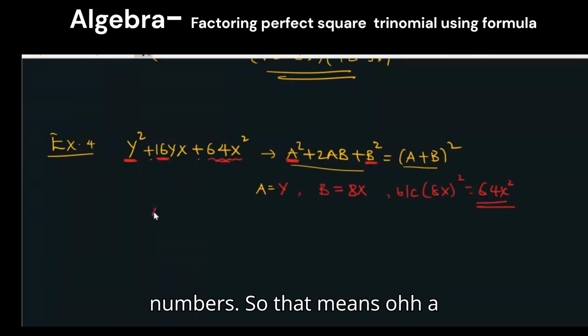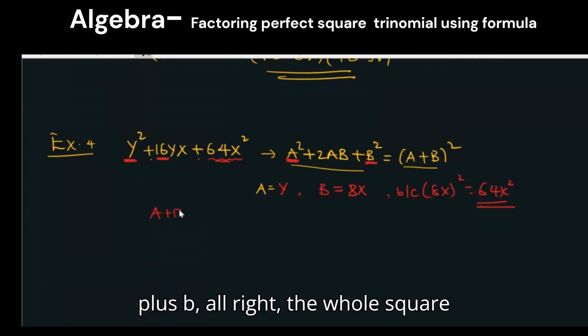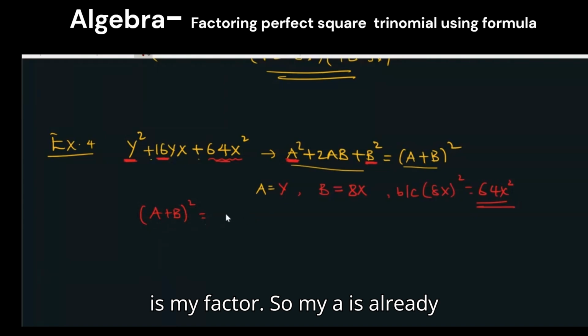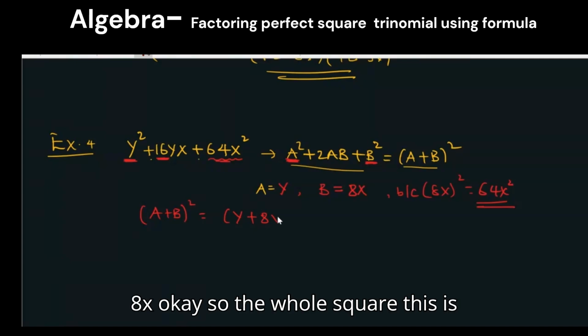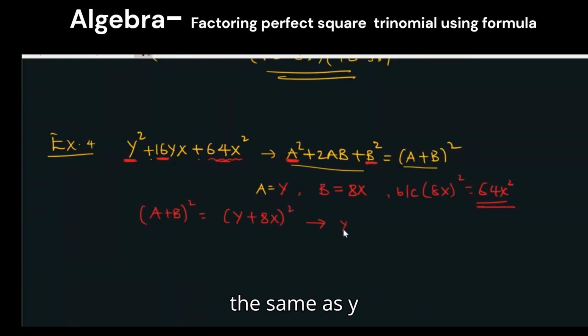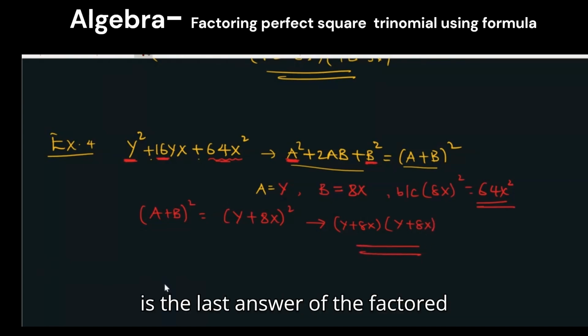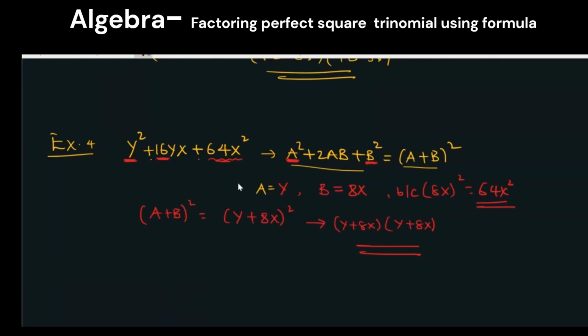So (a plus b) the whole square: my a is y, plus my b is 8x. So this is the same as (y plus 8x) the whole square. This is the last answer of the factored form.